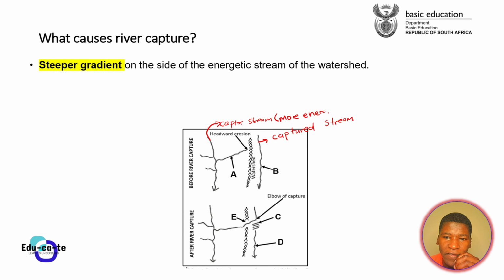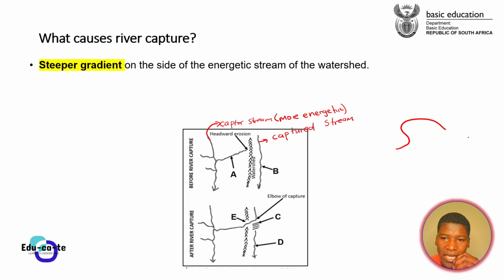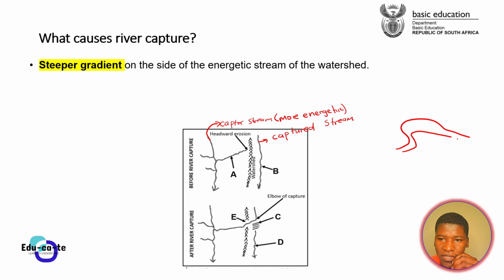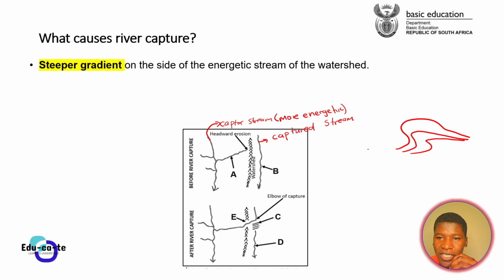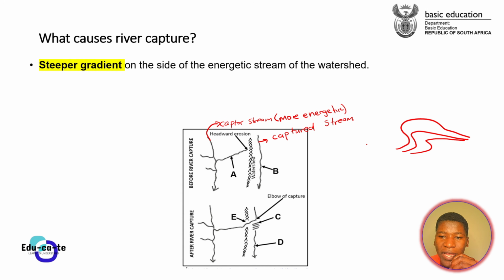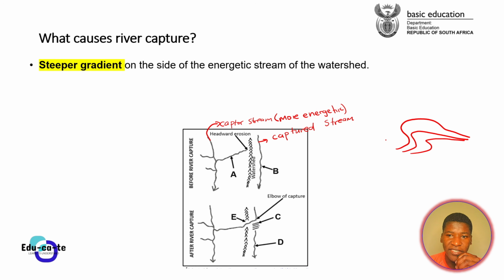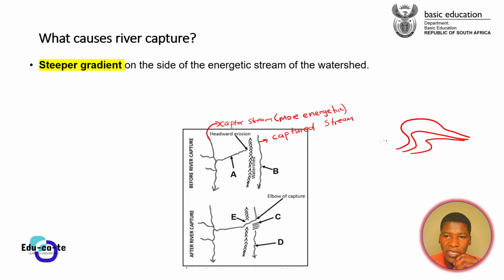So if there is a steeper gradient on one side of the watershed, let's just say this is your watershed here. They usually like to draw something like this as the watershed. Let's just say the more energetic stream, or the captor stream, is at this point. In this case, it is A for this diagram. And then the less energetic stream, the captured stream, is on that side.